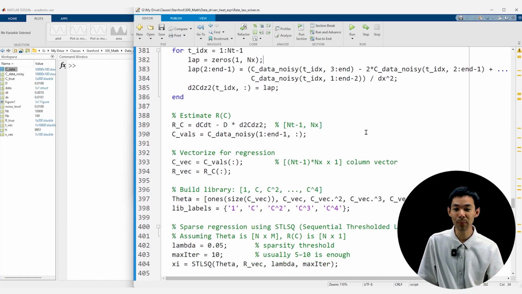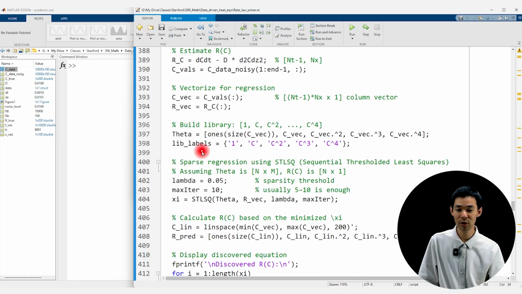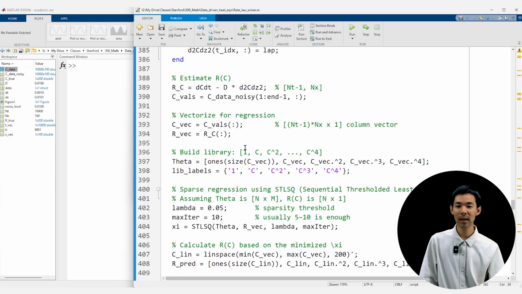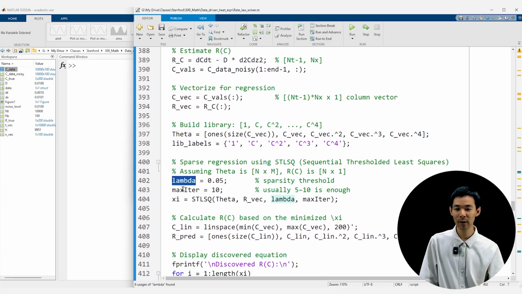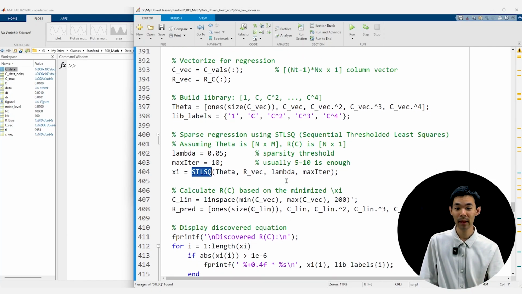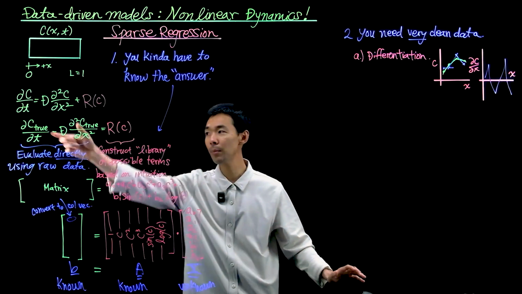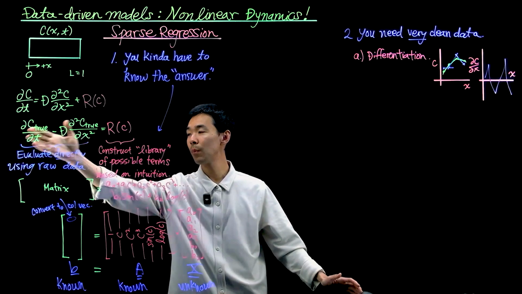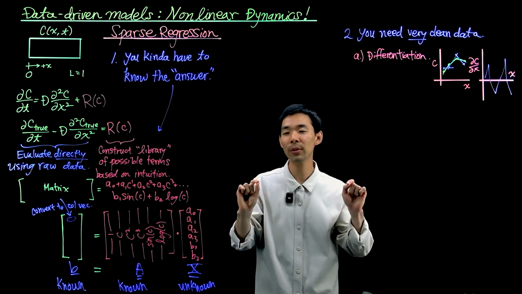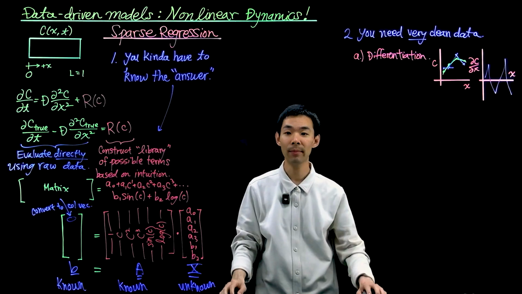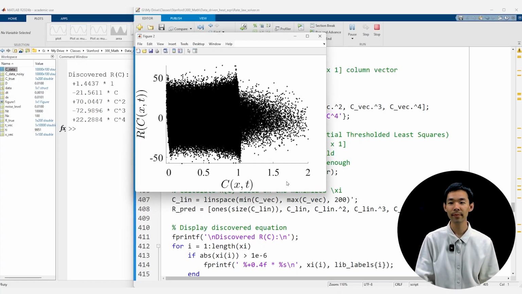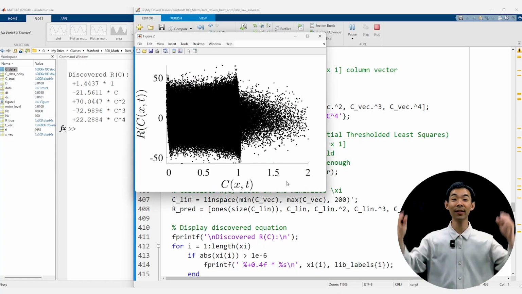I've used the same parameters, so it's the same generation of the theta library, the left-hand side, everything, same lambda value, same max iteration, same algorithm for sparse regression. Okay, the only difference is over here on the board. Now C true on the left-hand side is now the one with added noise. The small little blue ripples that you saw, that's what I'm evaluating on the left-hand side. Everything else, identical. Okay, so now I'm going to evaluate this, and you just get garbage.